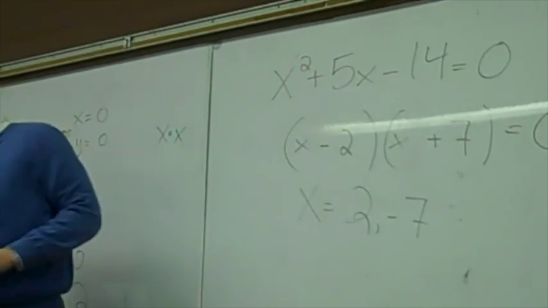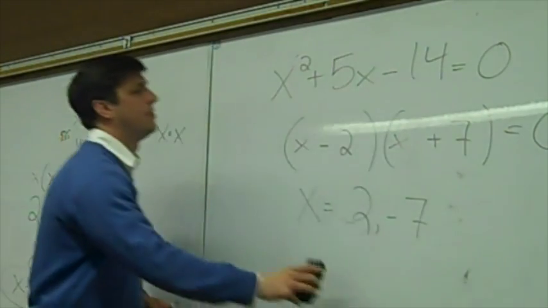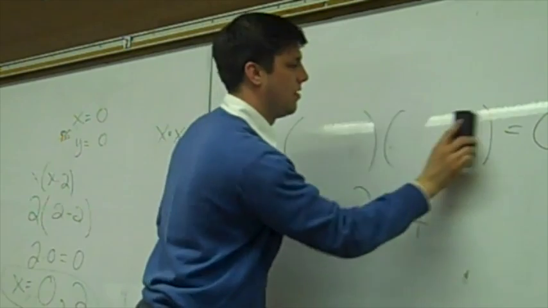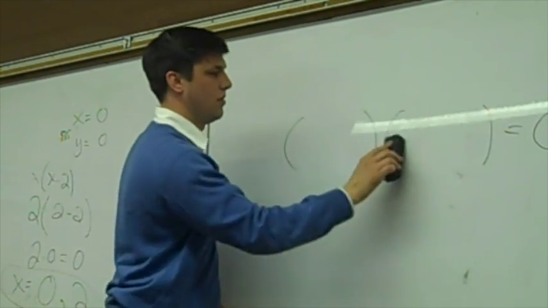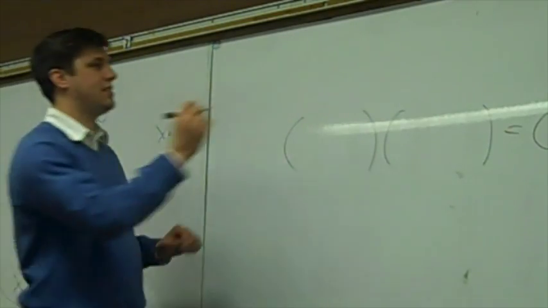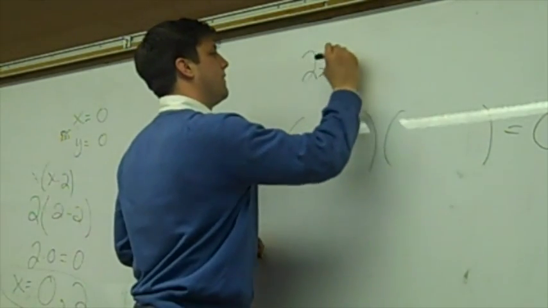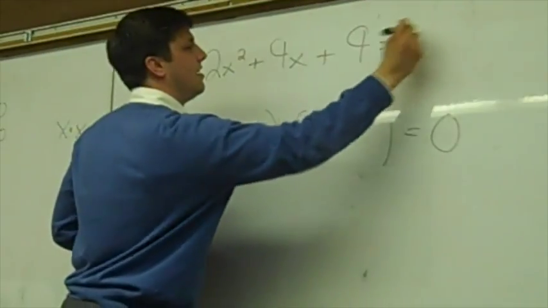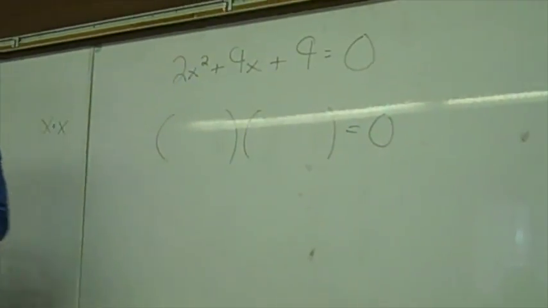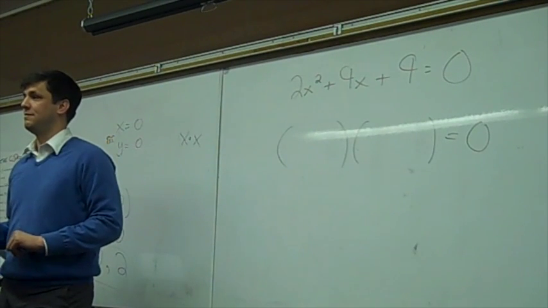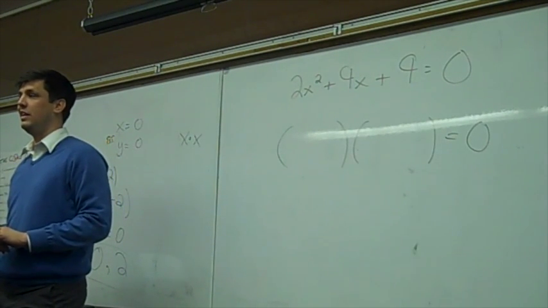And the last one, 2x squared plus 9x plus 9. Greatest common factor? There's no 2 in the 9.